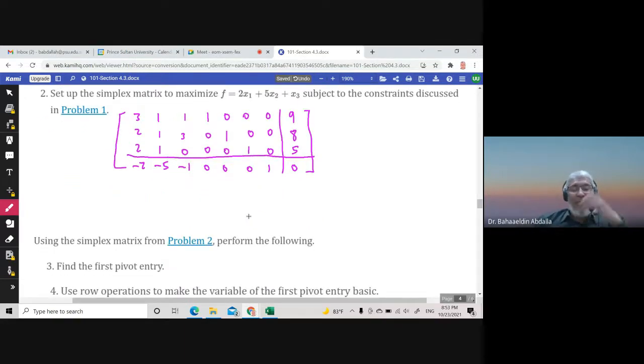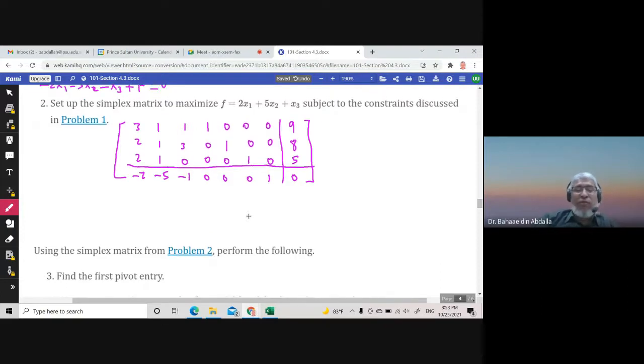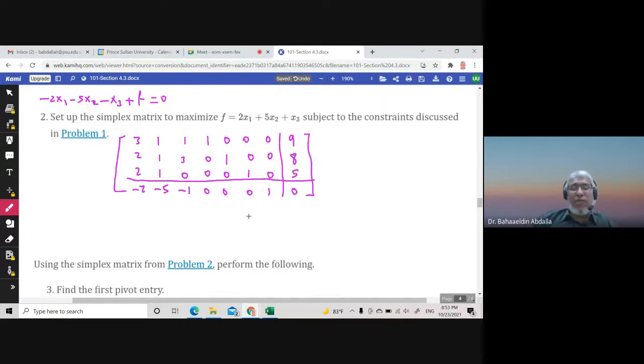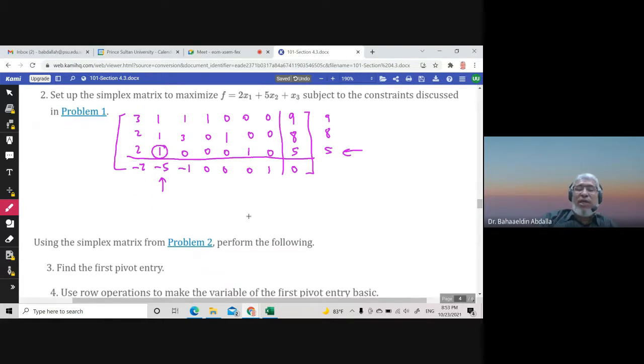Now using the simplex matrix, perform the following. Find the first pivot entry. Well, the most negative is -5, so this is the pivot column. And now 9 divided by 1 is 9, 8 divided by 1 is 8, 5 divided by 1 is 5. 5 is the smallest, so this number is the pivot entry.